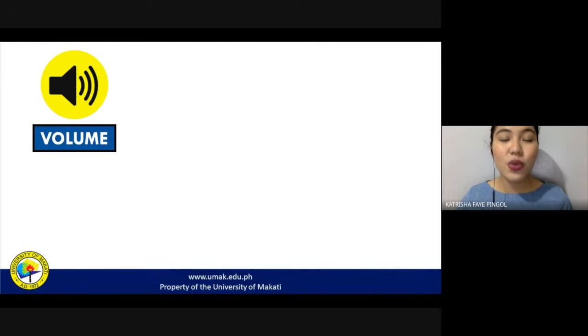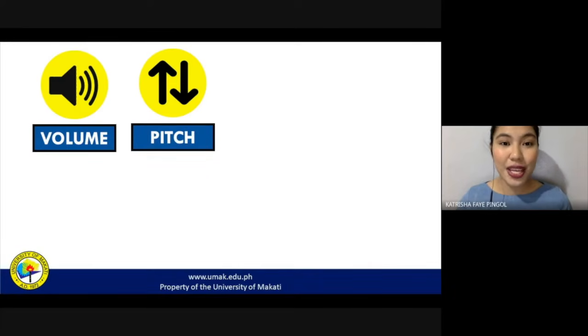We change the volume whenever we talk. Some words are said out loud, some words are said softer than others. It's because there are meanings and intentions attached to it as well, so it's very important to be considerate when it comes to using the volume of your voice. So again, volume refers to how loud or how soft your voice is projected.